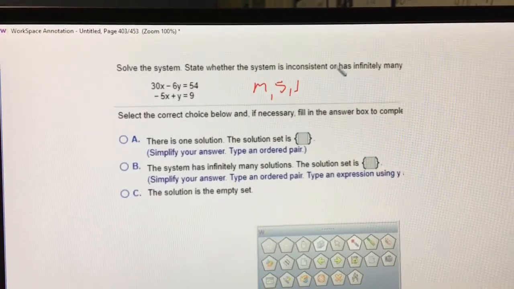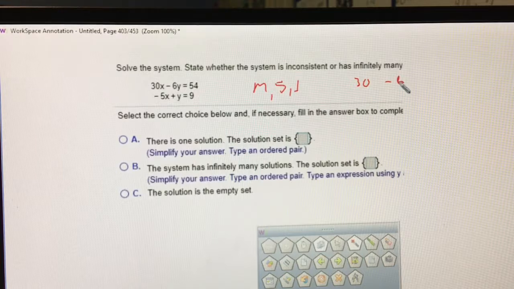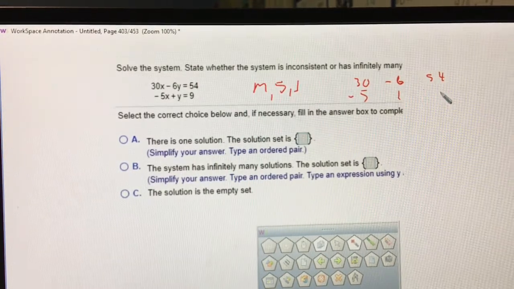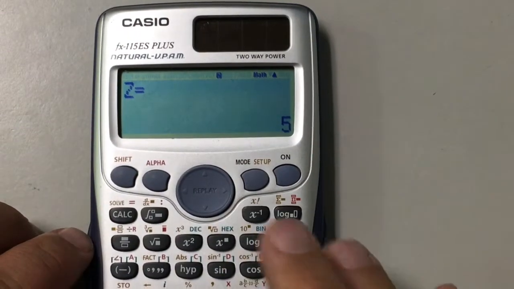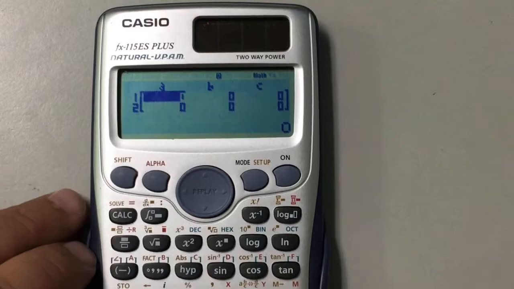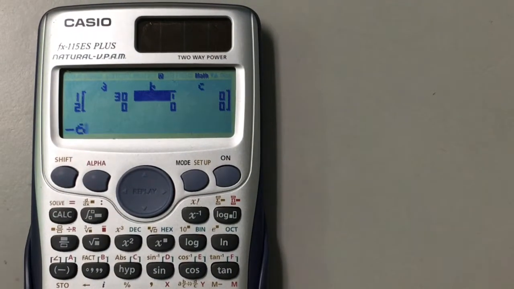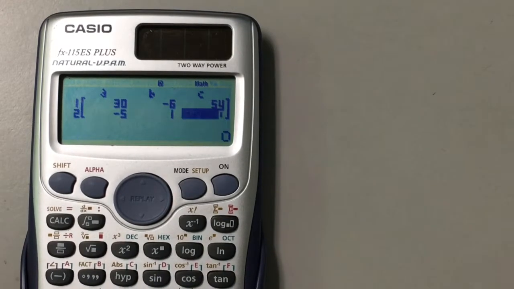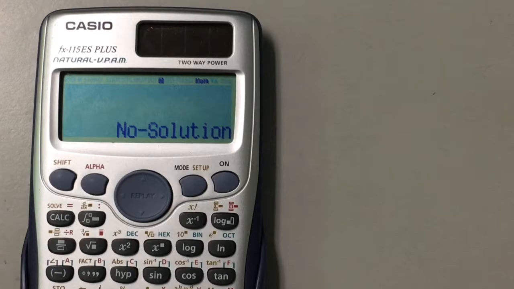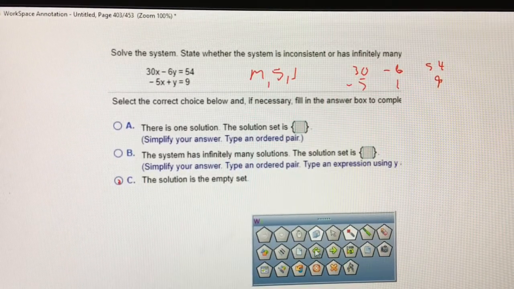Recall, the array of zeros I'm going to fill in with a 30, negative 6, 54, negative 5, 1, and 9. And oh, no solution, that's a fun one. So when my answer is no solution, I'm just going to click on the solution set as the empty set. Not that bad.